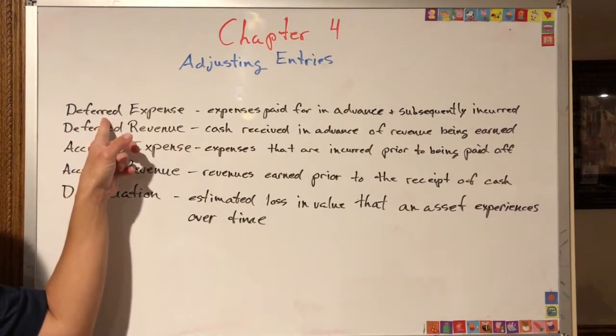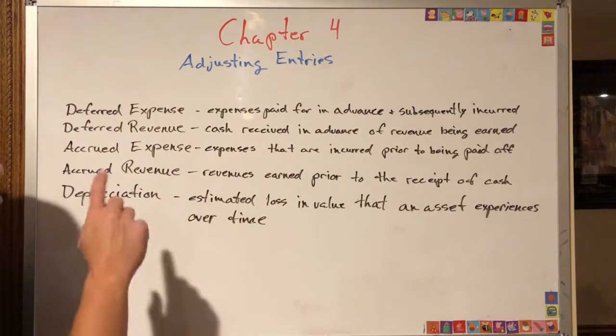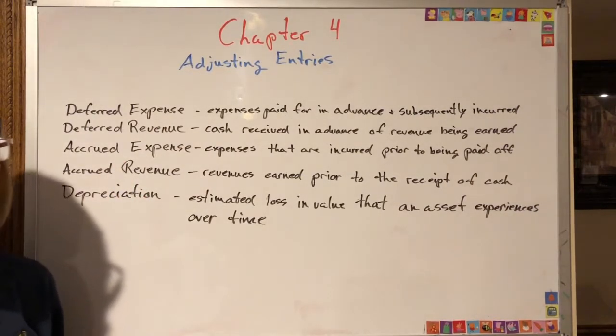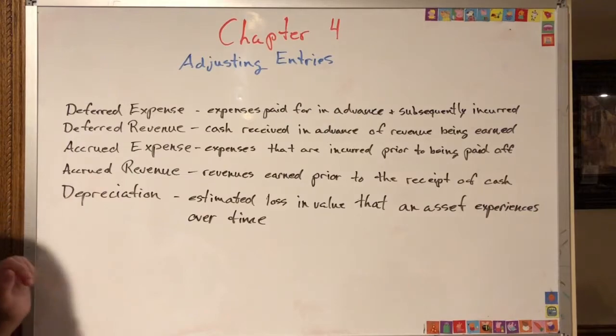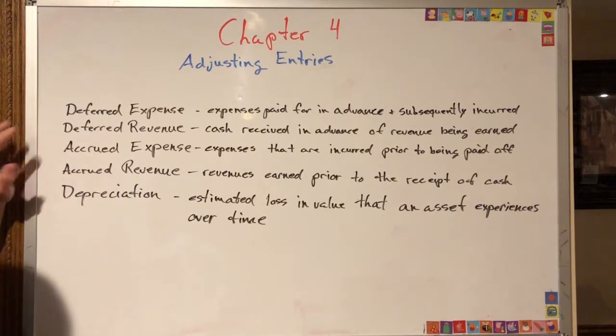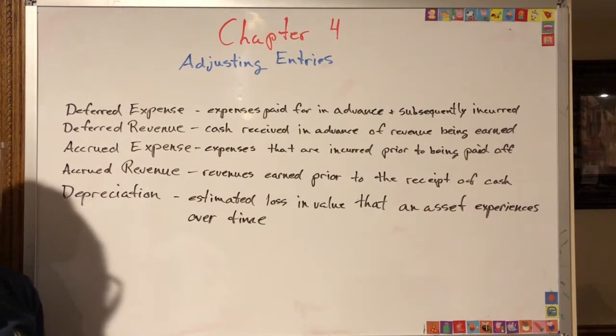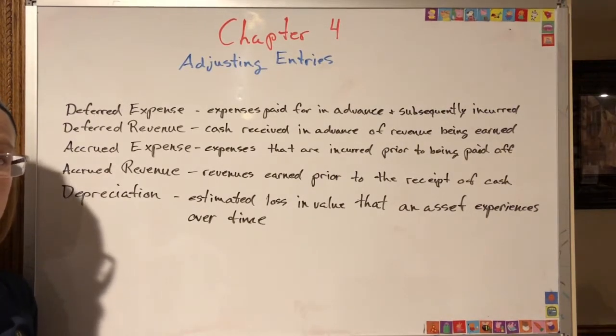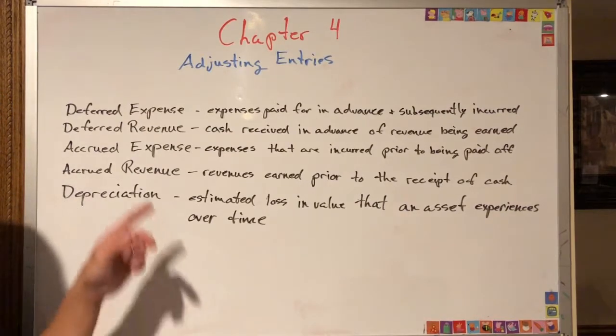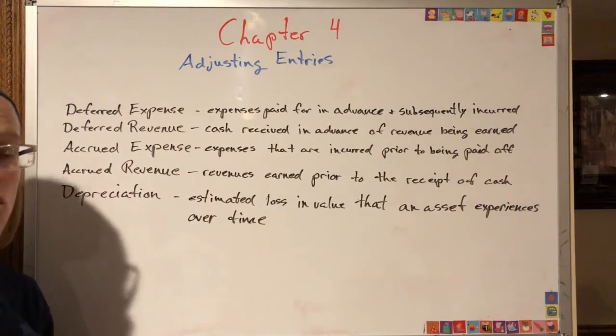So one, deferred expenses. So these are expenses paid for in advance and subsequently incurred. Deferred revenue. This is when cash is received in advance of the revenue that was supposed to be earned. So cash was received, but the revenue was not earned yet.